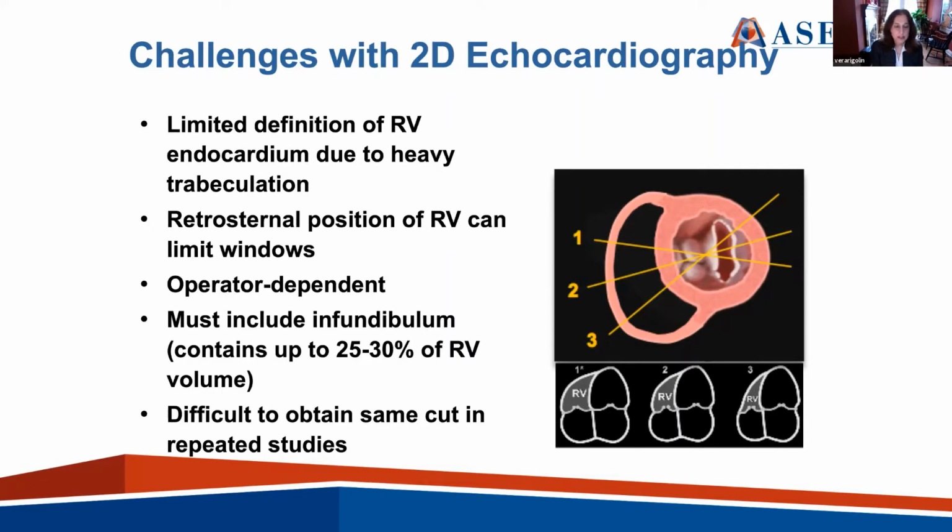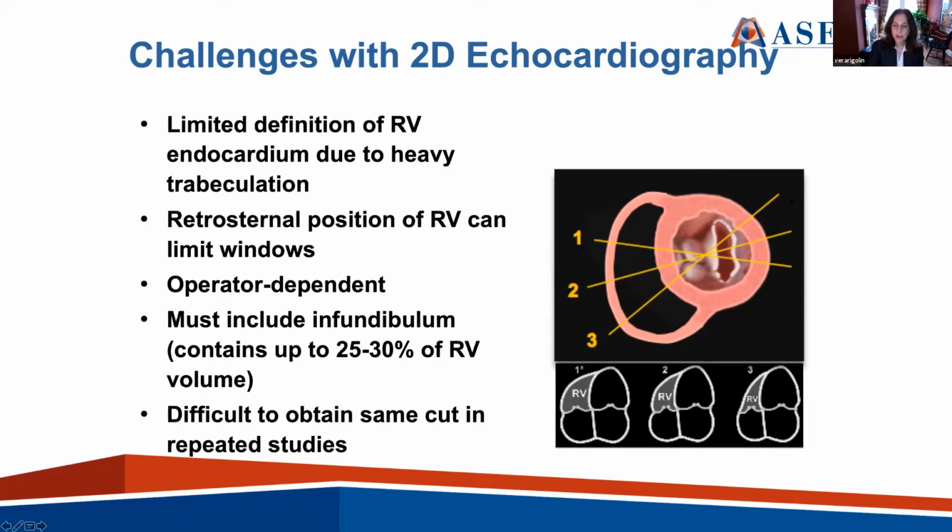Additionally, it is difficult to obtain the same cut in repeated studies, thus making it difficult to assess for changes in right ventricular size. And this is well demonstrated in this diagram here. You see that if we were to do a slice through the middle of the heart, as shown in number 2 here, we would get a fairly accurate assessment of the right ventricular size.